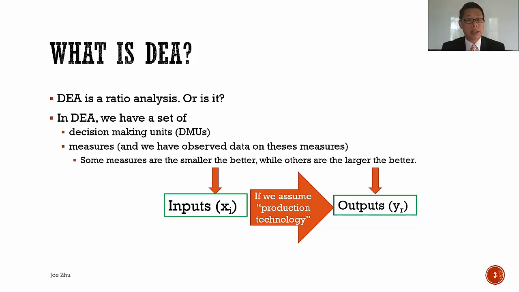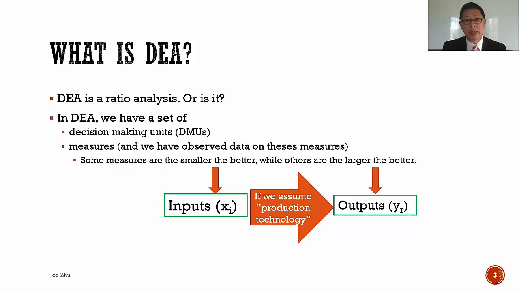If you look at the DEA literature, you will always see inputs and outputs, okay? The inputs and outputs. If you see that, you will immediately think that you're looking at a production, right? So I have input resources and go through a production process, and then I get the outputs. However, this is not the case, actually.